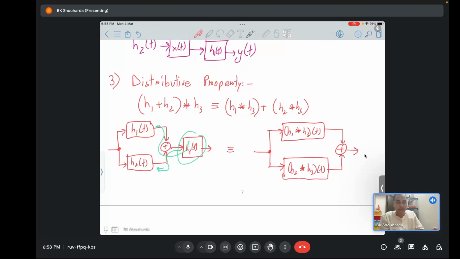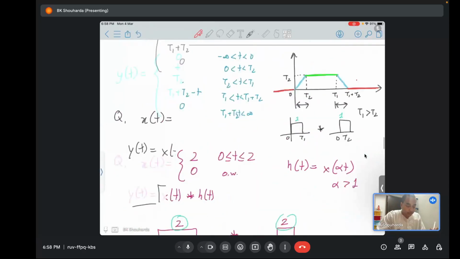Alright, this is simply the distributive property, just like our normal multiplication and addition. Okay, so we discussed the distributive properties.